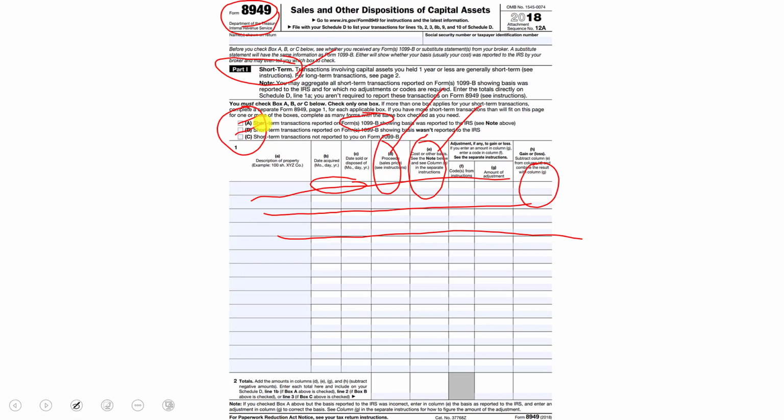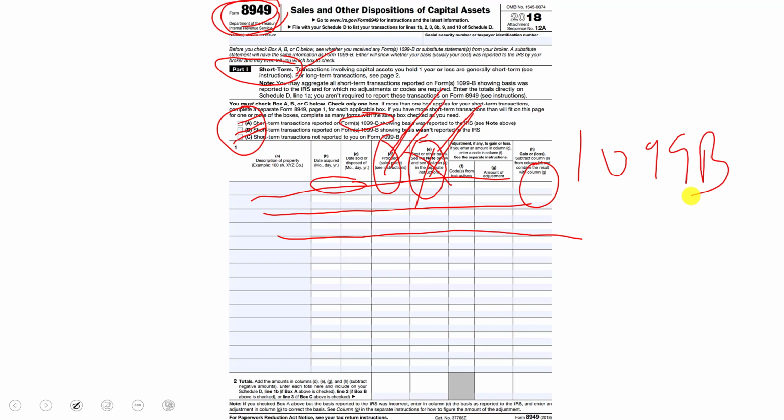If I have an A transaction, it has to be reported on another 8949. And remember, B, only the sales price is being reported and not the cost basis. And if I check off C, only this page can be used for C-type transactions, where the proceeds and basis are not reported on a 1099 to the taxpayer and IRS.